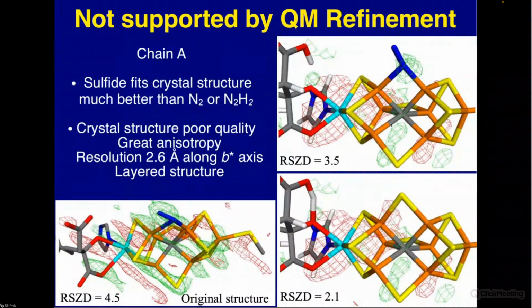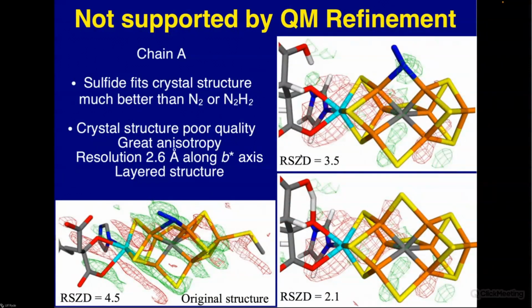It's not perfect, and we still have some positive difference density here. But if we then replaced the N2 ligand by the standard sulfide ligand, we get something that is much better, no difference density here, and a much better residue real space Z score, which is the criterion we're nowadays using. And that was one subunit.